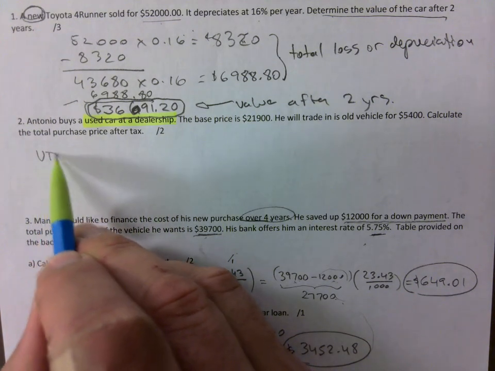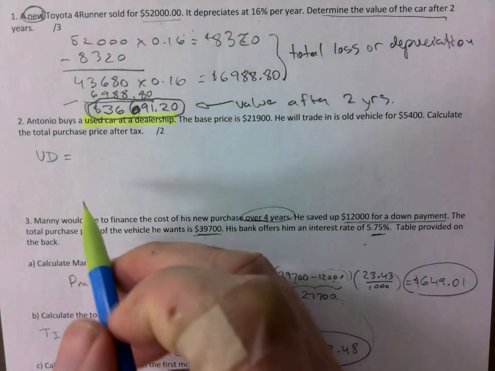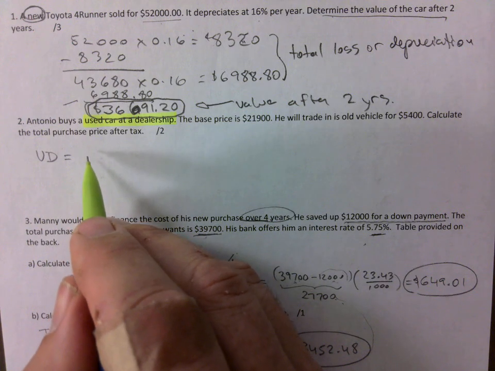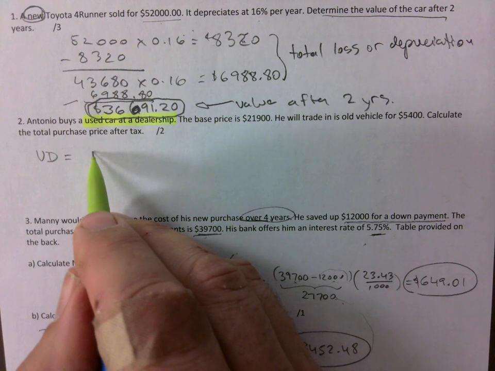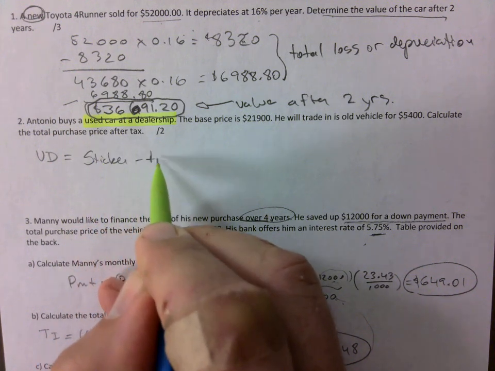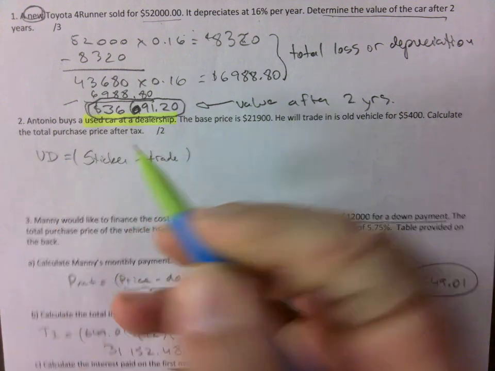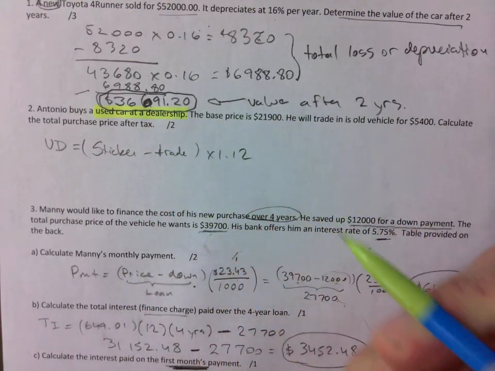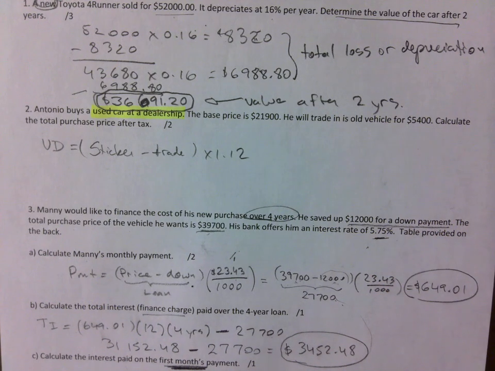You're supposed to be using this formula, used dealer, which calls for, let me see if I remember, sticker minus trade. Okay. Times 1.12. Correct? Oh, I gave you the long version, right?